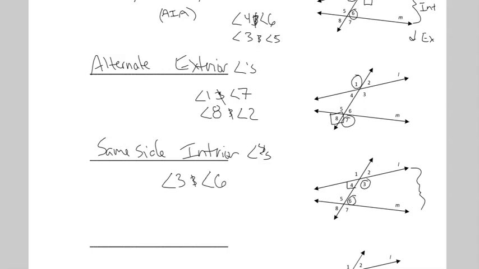And angle 4 and angle 5. Notice both those are on the same side of the transversal. When I say same side or alternating, I'm talking about the transversal and on the interior, so angle 5. Once again, that could be SSIA, same side interior angles.